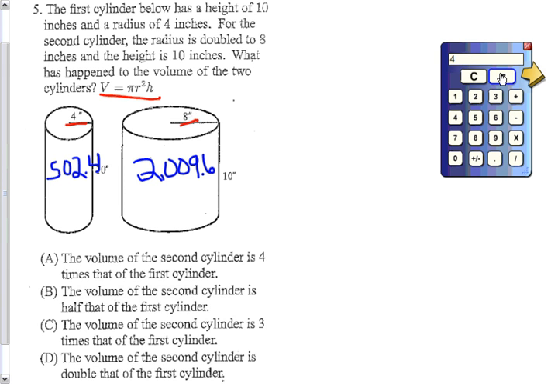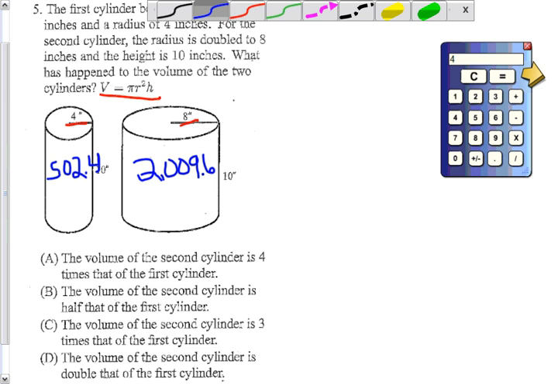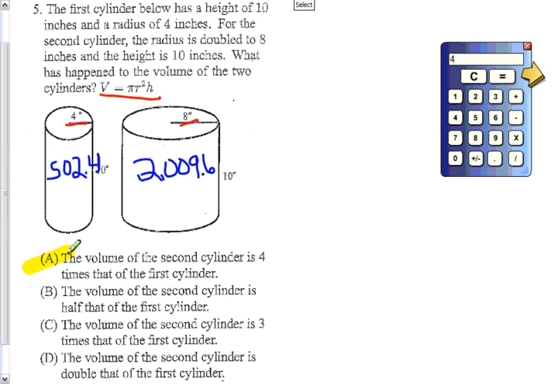And let's see. And that is 4, as you can see over here on our calculator. So it is 4 times, the second cylinder is 4 times that of the first cylinder. So that is great. We would mark A for our answer.